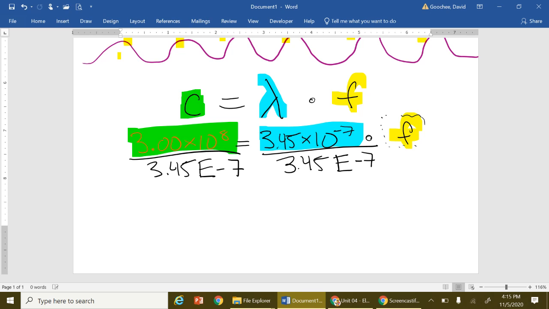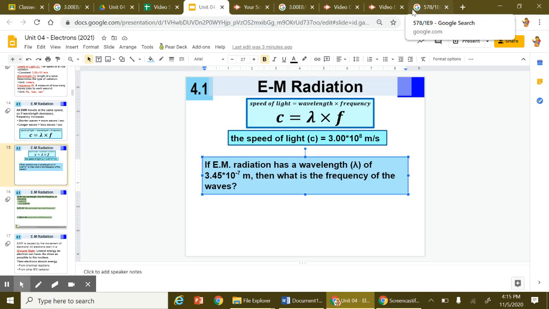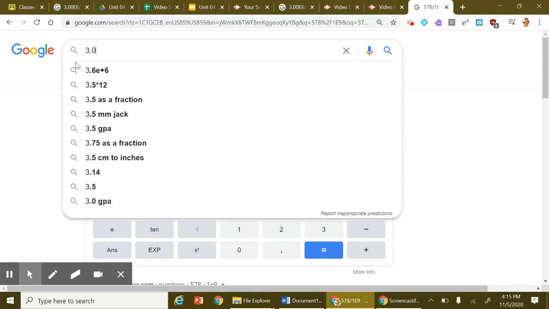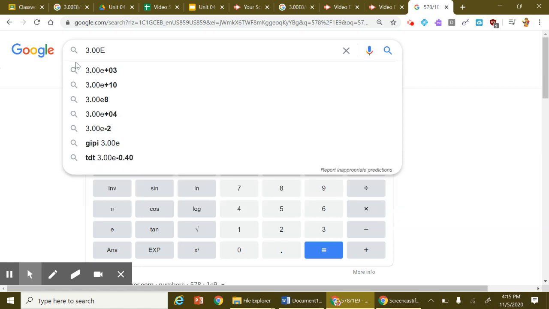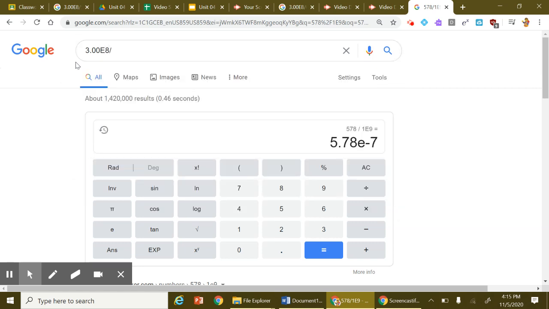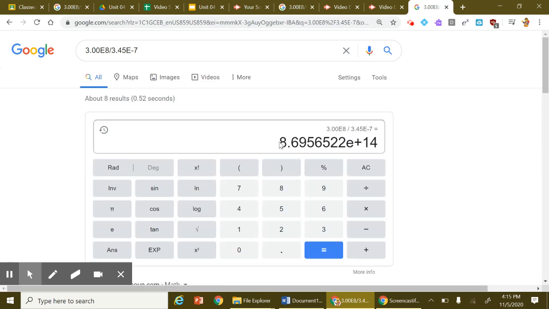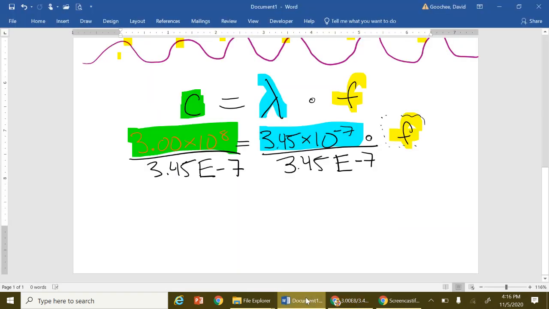In fact, it's easier for me to do it in Google. So I'm just going to open up a new tab, and I'm going to say, all right, the speed of light, which is 3.00 times 10 raised to the 8th, divided by 3.45 times 10 to the negative 7th. What does that equal? It equals 8.70 times 10 to the 14th.